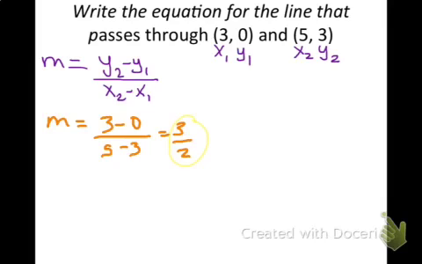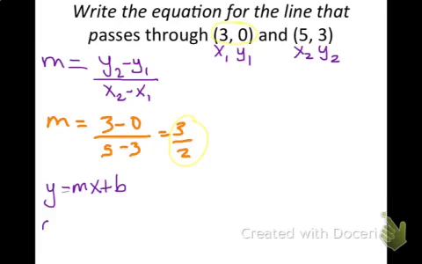Now that we have that information, we can use the steps that we've used before to find out what our y-intercept is. We know that slope-intercept form is y is equal to mx plus b. So we can choose one of these coordinates. I'll choose the first one. And we're going to plug the x and y values along with our newfound slope to find out what the b is.